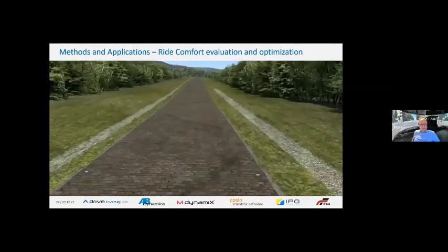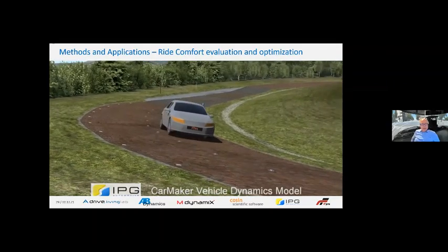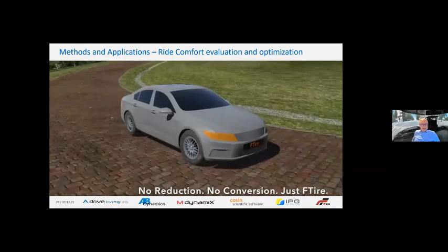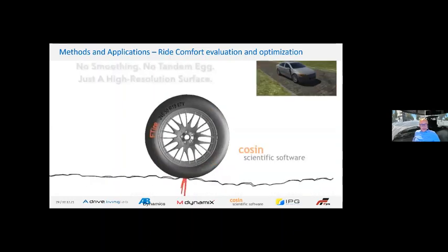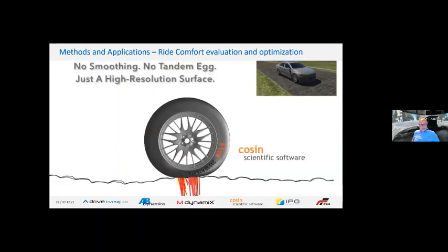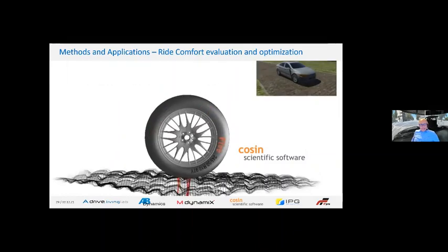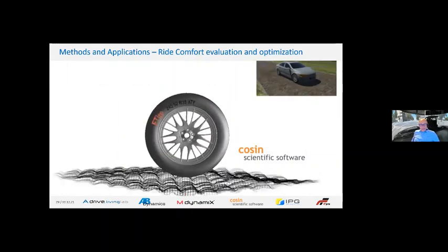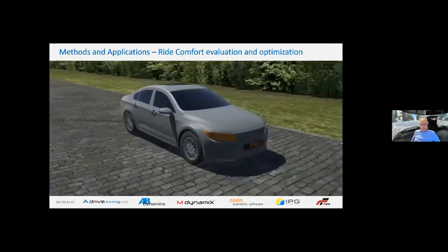So we have, I would say, a proving ground in Milburg, which is also detailed in a grid, and the F tire running over this uneven pavement. Together with the vehicle model, we can then simulate the vehicle motion.